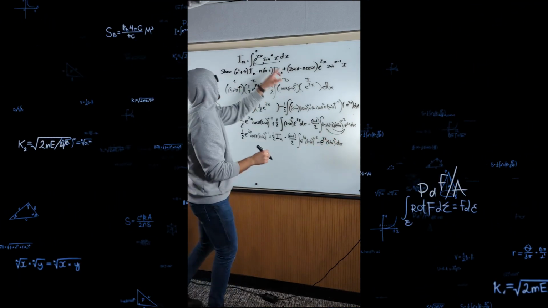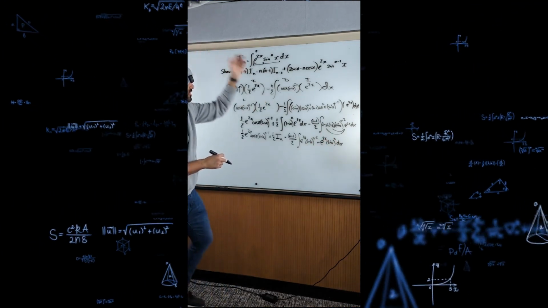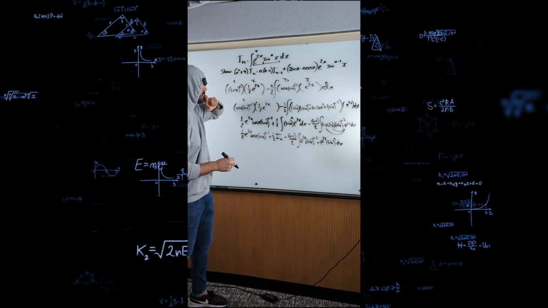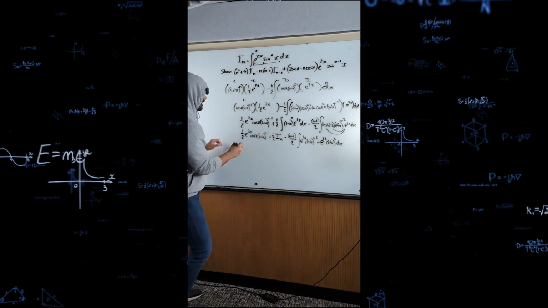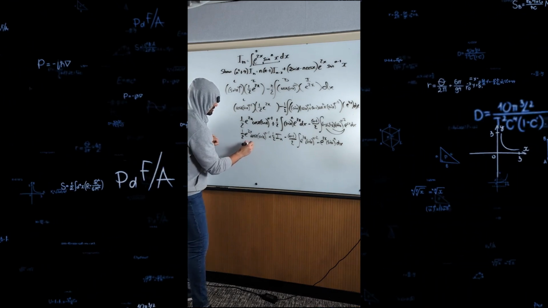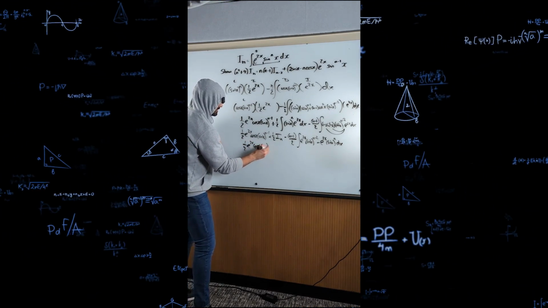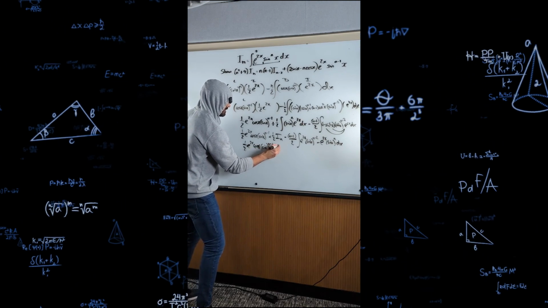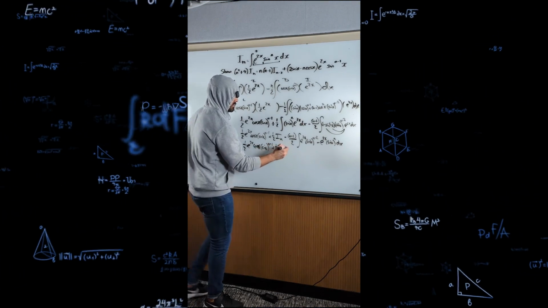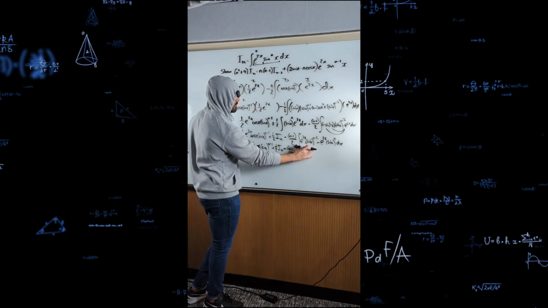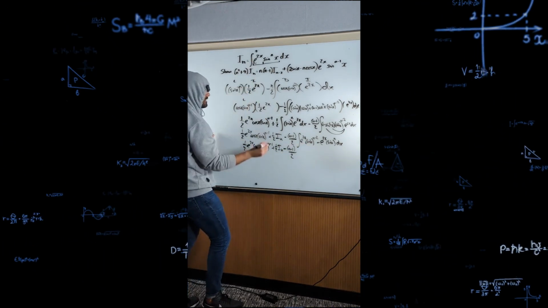But that's I_n again, right? And this is this, but with n minus 2. So we get a half e to the 2x cos x, sine x, n minus 1 plus a half I_n minus n minus 1 over 2. Now this, remember, is I_n, but with n minus 2.